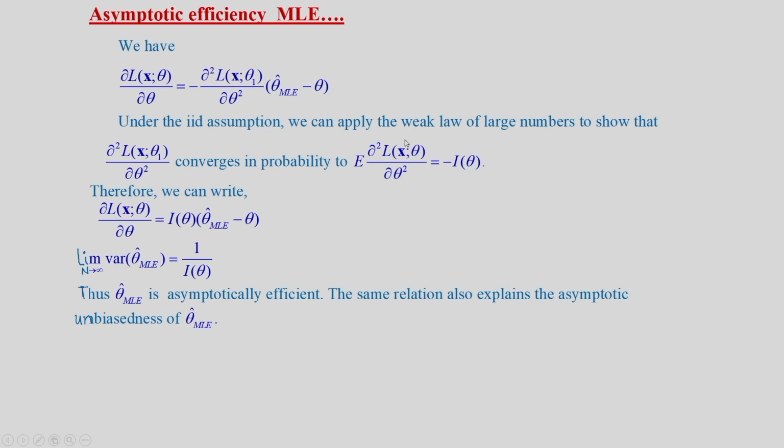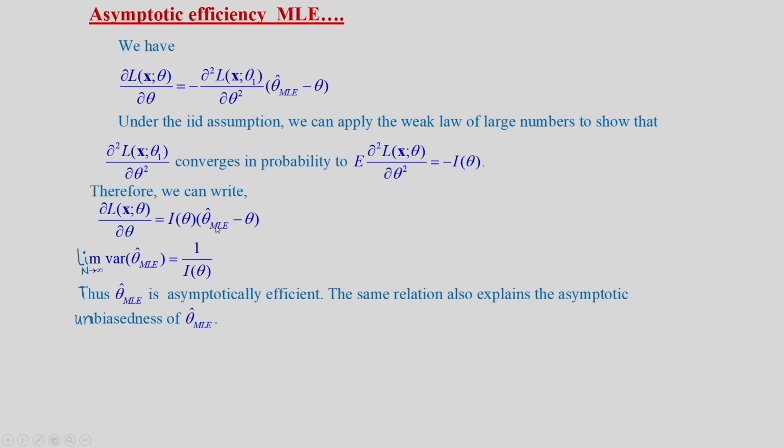Therefore, we can apply the weak law of large numbers, which means that this quantity del 2L del theta square at point theta 1 will converge in probability to the corresponding expected value of del 2L del theta square, which is equal to minus I(theta). Therefore, we can write del L del theta is equal to I(theta) into (theta hat MLE minus theta). So, we have established that for large n, when n tends to infinity, del L del theta can be expressed as I(theta) into (theta hat MLE minus theta), which means that theta hat MLE is the efficient estimator.